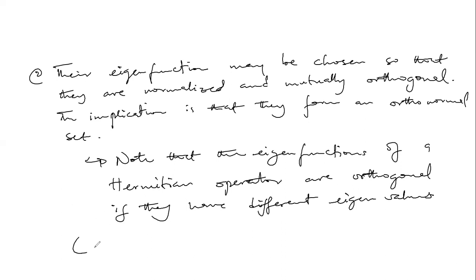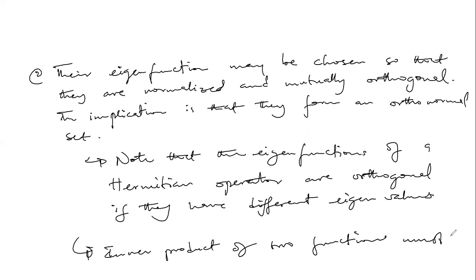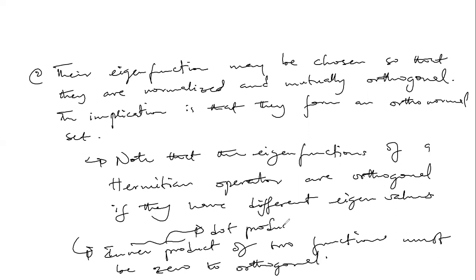And I already made mention that the inner product of two functions must be zero to be orthogonal. Now, when we say inner product, what we actually mean from your vector analysis is dot product, okay? The dot product should be 0. And once it is 0, then it means they are orthogonal.